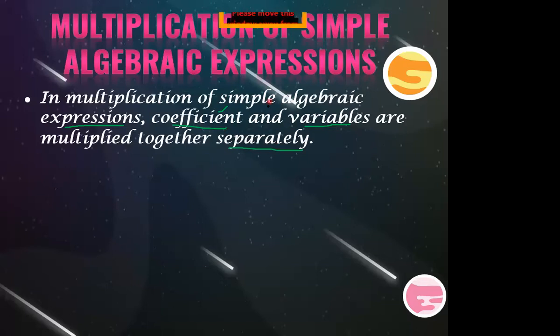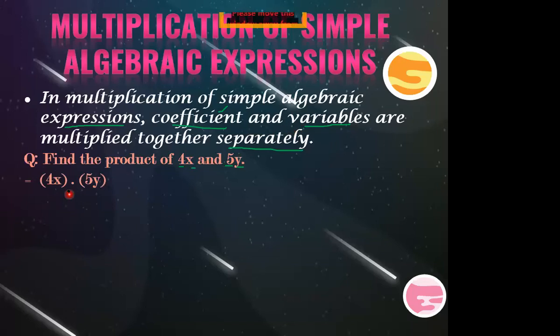Now let's give an example. Find the product of 4x and 5y. Here you have to multiply 4x with 5y. This 4 is the coefficient, and x and y are variables. Coefficients will be multiplied separately and variables also. You will place the sign of dot in between, which represents multiplication.